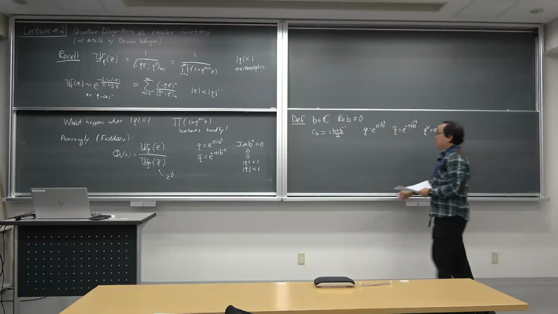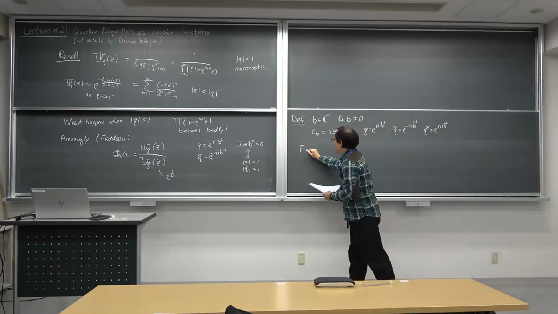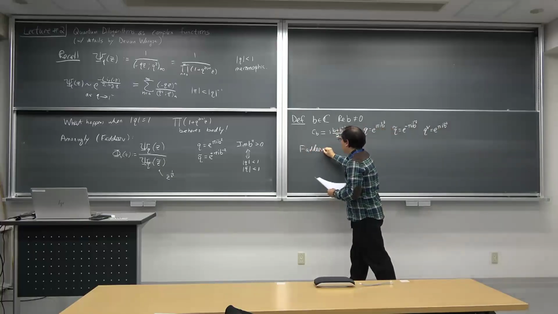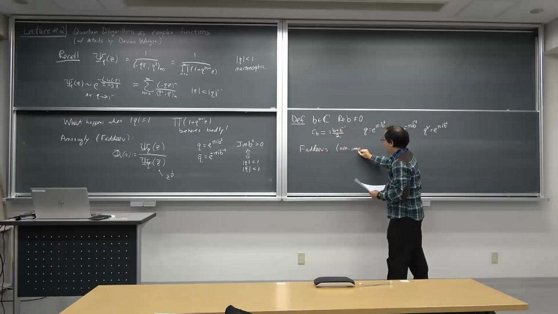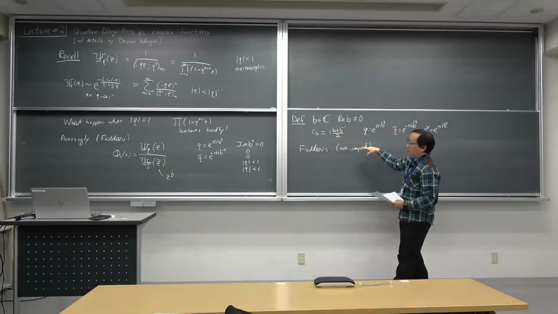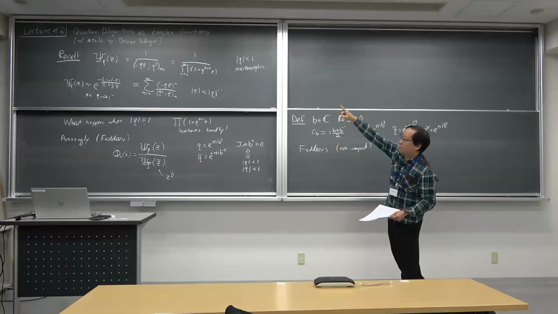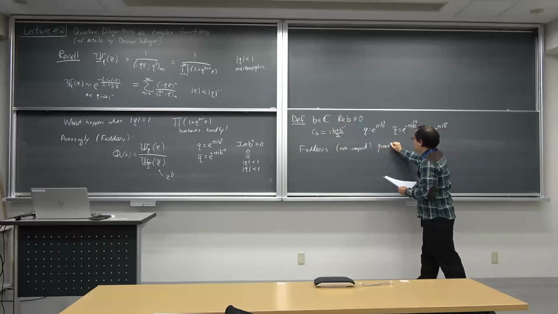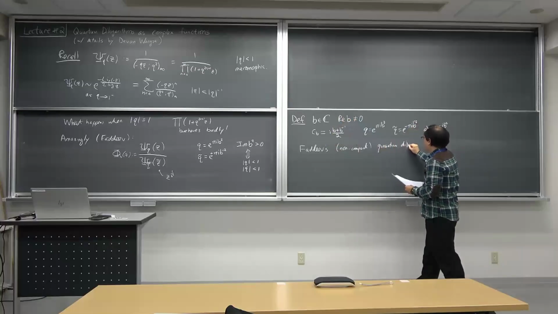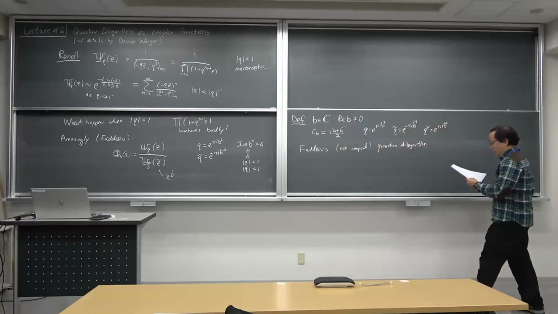Okay. So the Faddeev quantum dilogarithm. I'll use again the term non-compact to distinguish it from the compact one we did yesterday. So the Faddeev quantum dilogarithm is defined as follows.